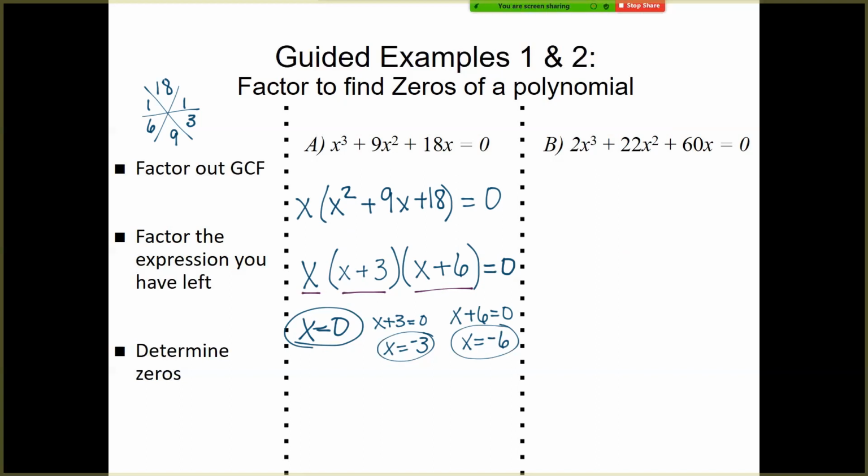Look at letter B on the right side. I want you to figure out your greatest common factor. 2x is the correct answer. So 2x is the greatest common factor. So on your paper, I want you to factor out 2x from all 3 terms.